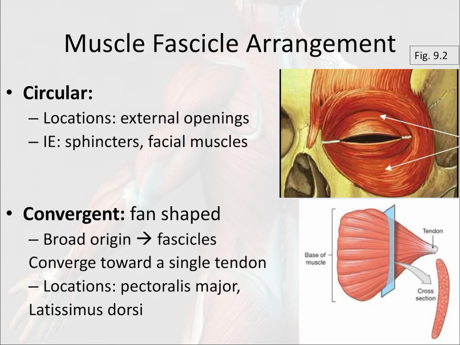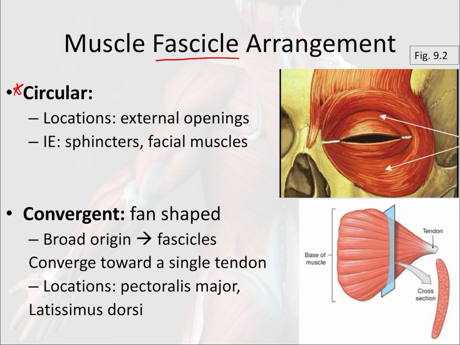Okay, a couple other concepts related to muscles. One of these is called fascicle arrangement. Remember those fascicles? That was what we got to from muscle to fascicles, right? This big bundle of muscle fibers is really what a fascicle is, and we have different ways that these fascicles are arranged in different muscles. The first one we'll talk about is a circular arrangement of fascicles.